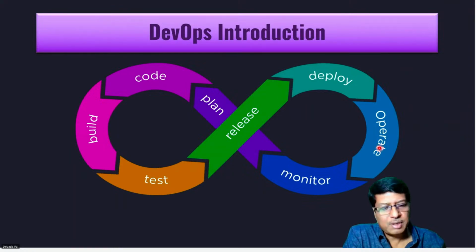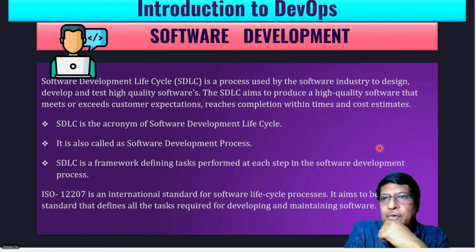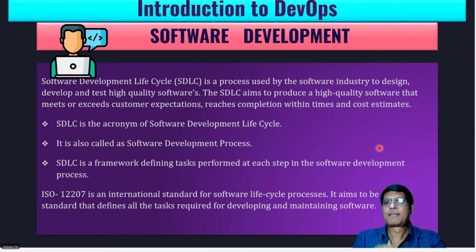Let us move on to the next one, because we need to see why we have gathered here. Software development is a very process-oriented function, because it's a product.